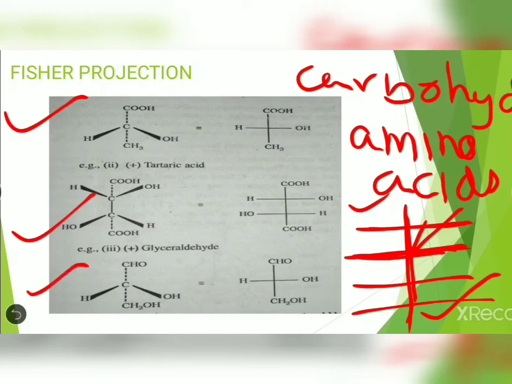Over here, the carbon atom is the stereogenic center, so it is at the intersection of the vertical and the horizontal line, and the bond above the plane of paper is represented on the horizontal line, and the bond below the plane of paper is represented on the vertical line.